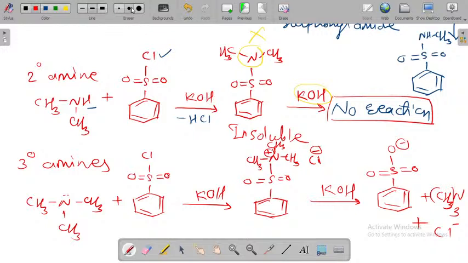In this first step KOH is not required because ultimately this benzene sulfonyl chloride and this tertiary amine are going to form this type of salt, which is soluble in water.